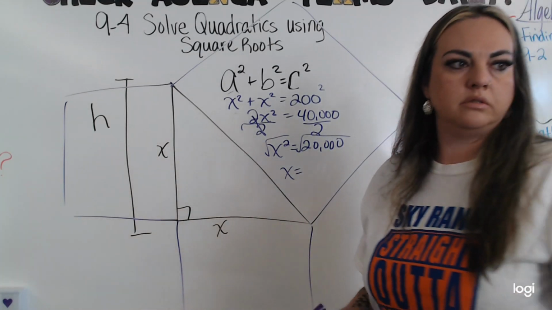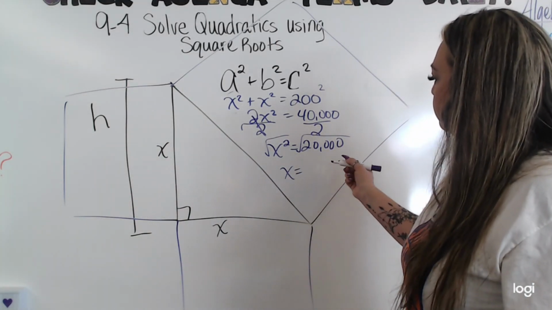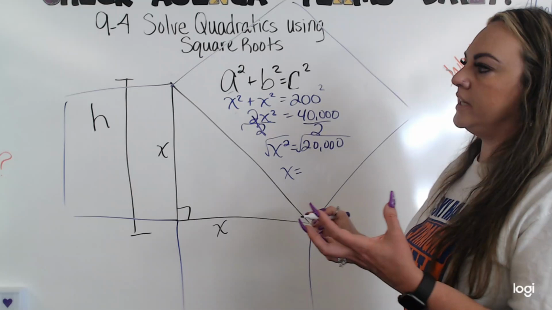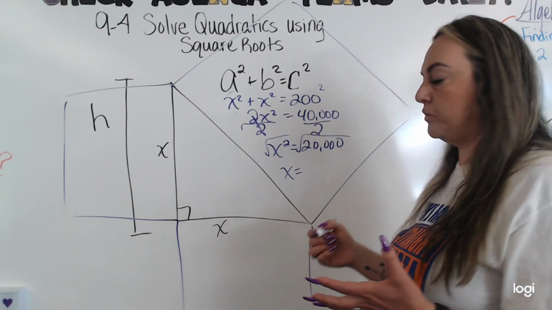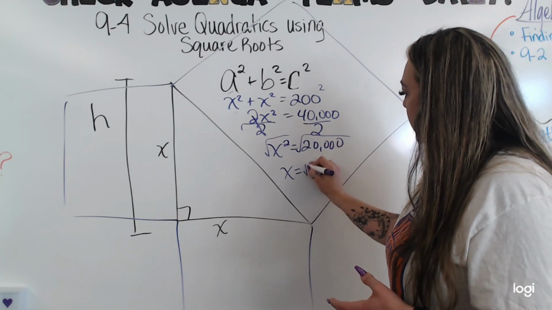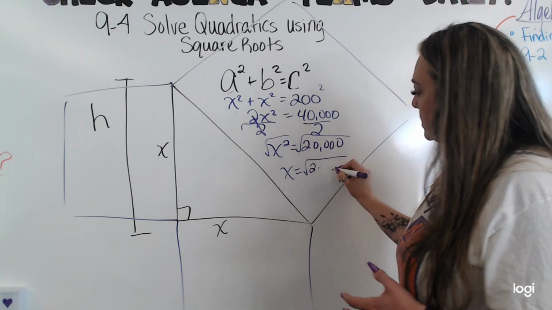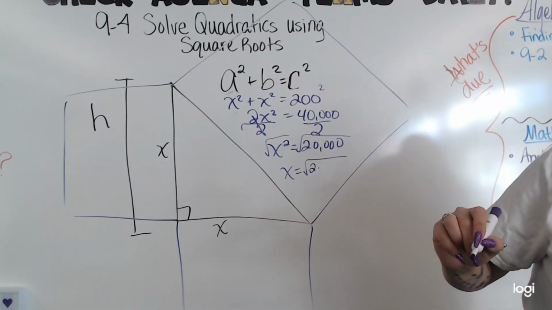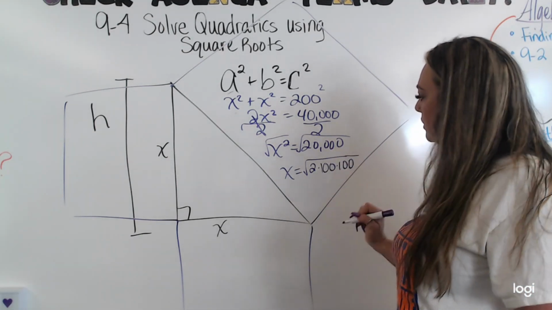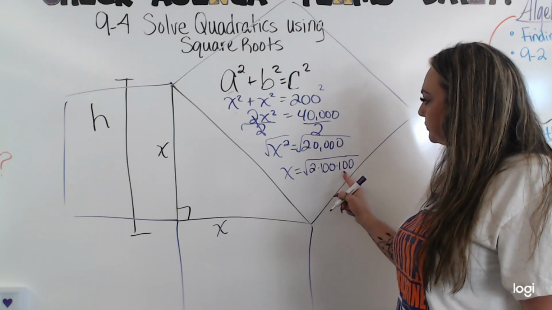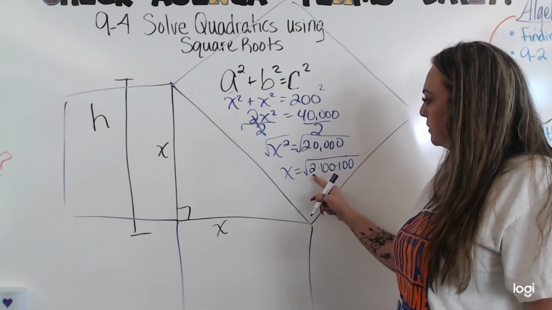Okay, computer shut off. So we want to use what we did in the last lesson, 9.3, to simplify this expression with the radical. So this can actually be 2 times 100 times 100, because that's 10,000 times 2 is 20,000.